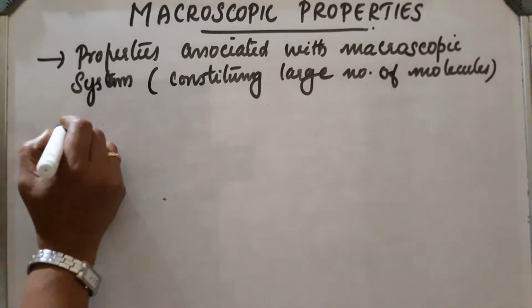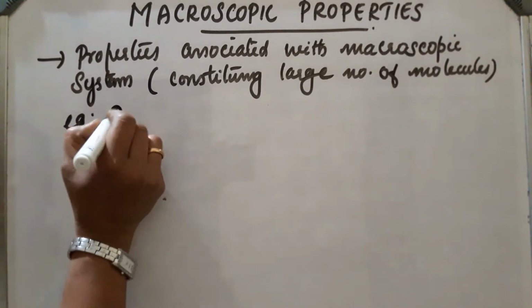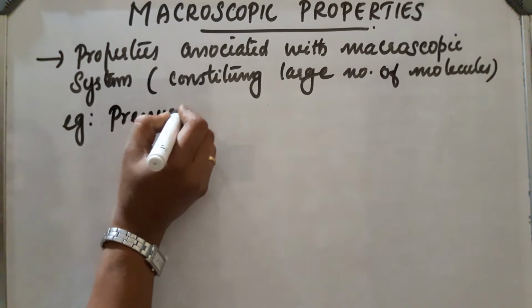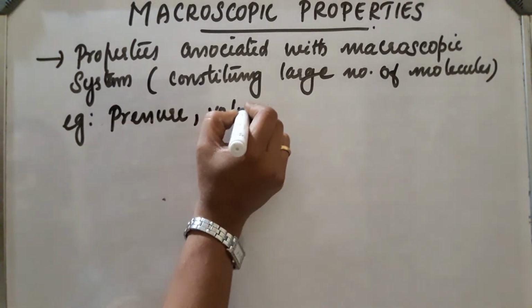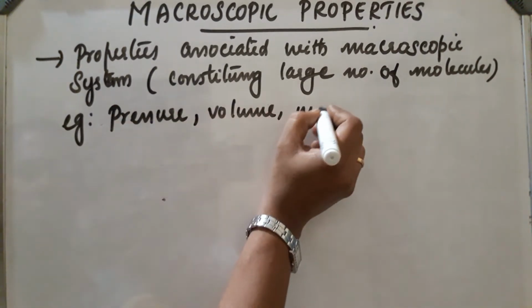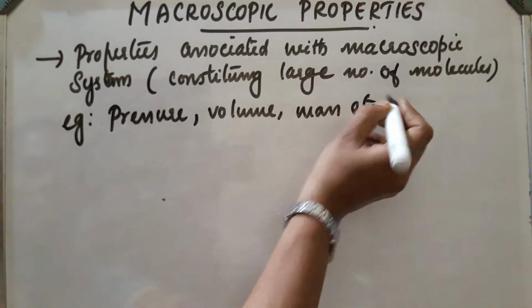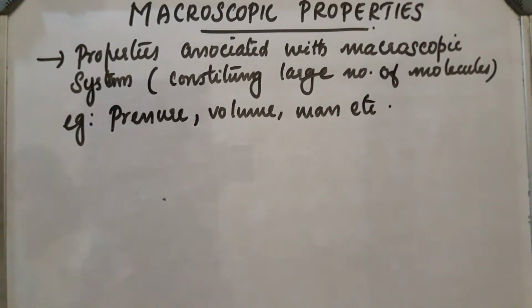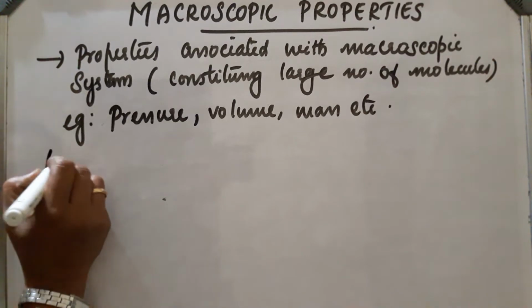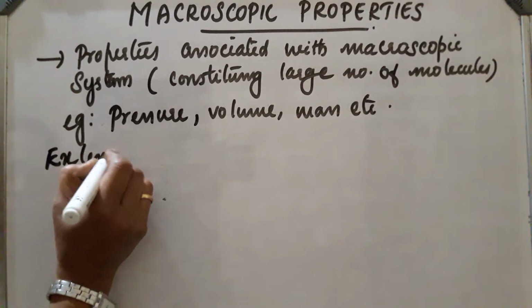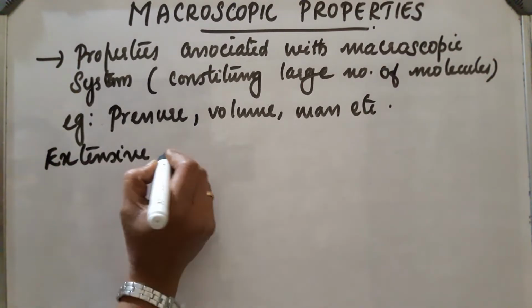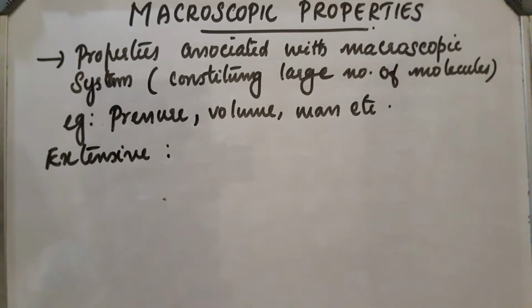Examples: pressure, volume, mass, etc. These macroscopic properties are divided into two types: extensive properties and intensive properties. So what is an extensive property?